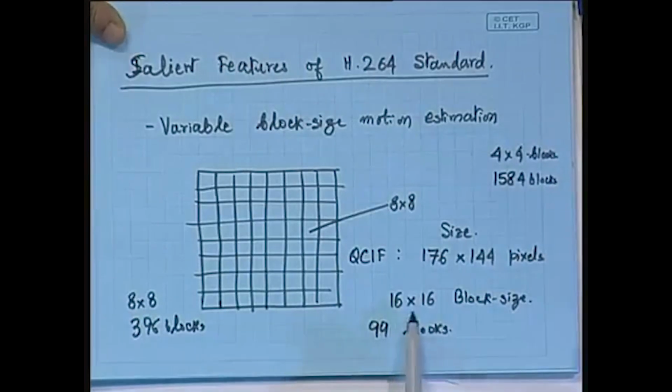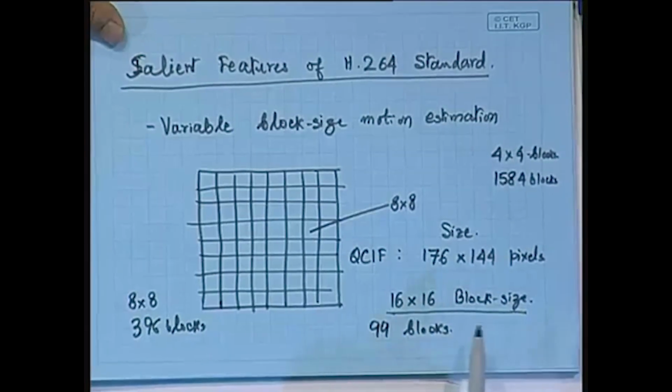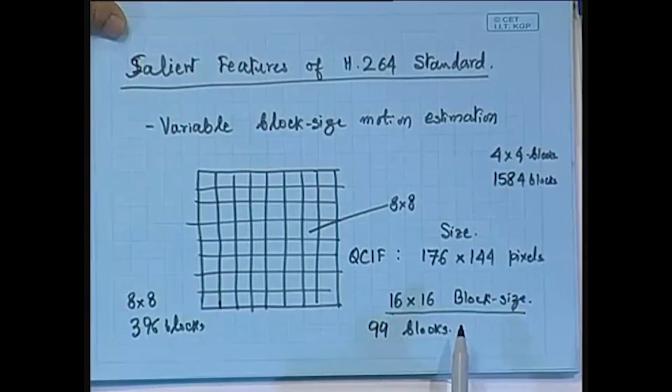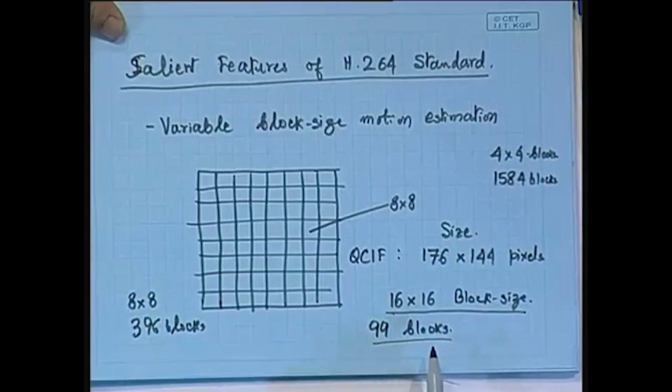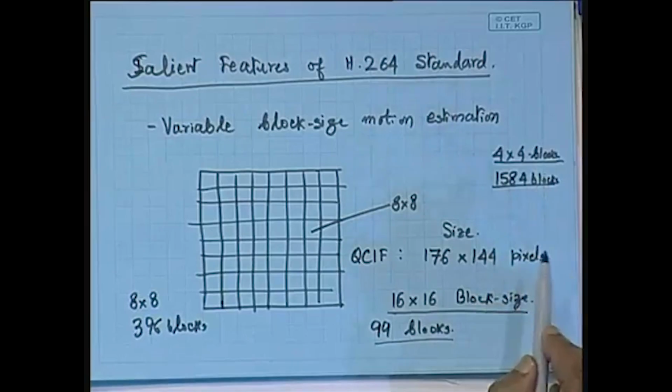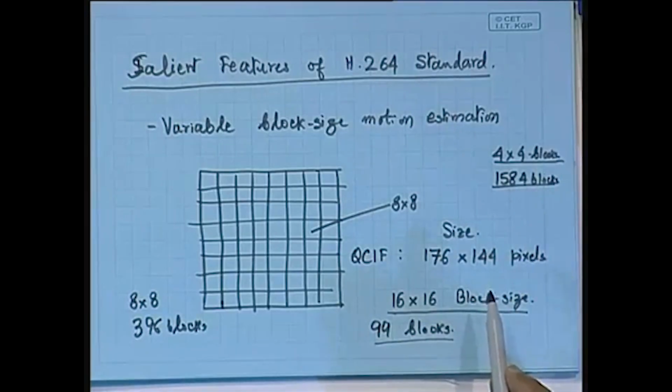Now, if I look at the number of bits consumed in estimating the motion vectors, then 16 by 16 is definitely the best, because only 99 motion vectors are to be transmitted. Whereas, if I use 4 by 4 block size, then 1584 motion vectors are to be transmitted.